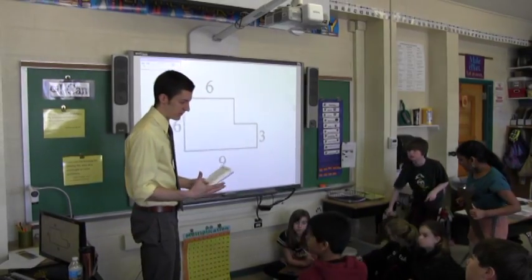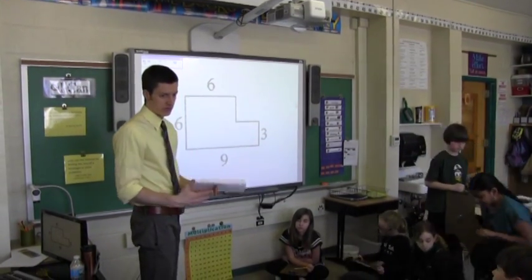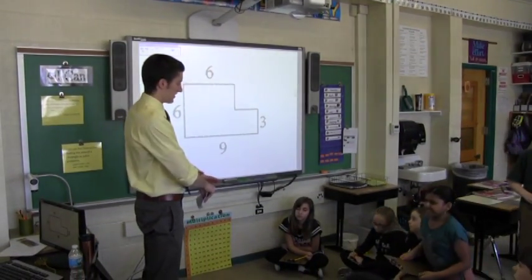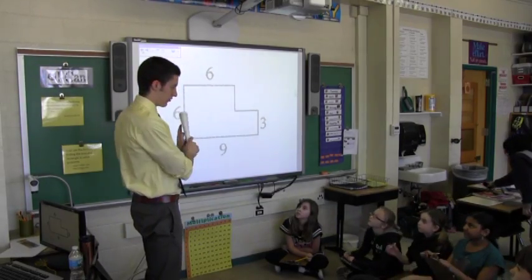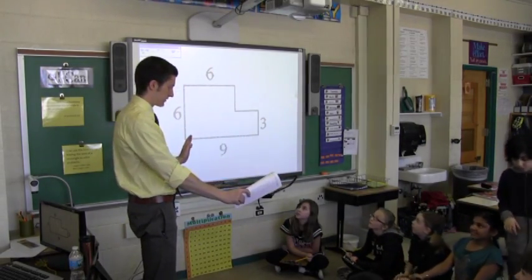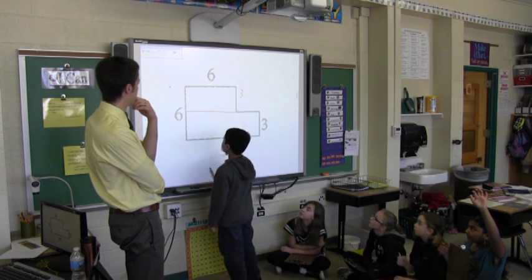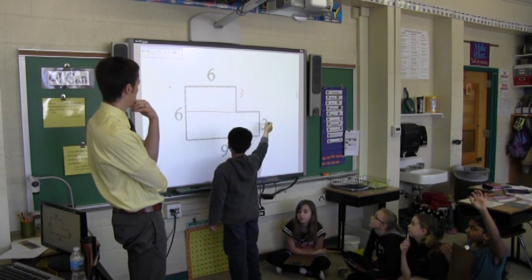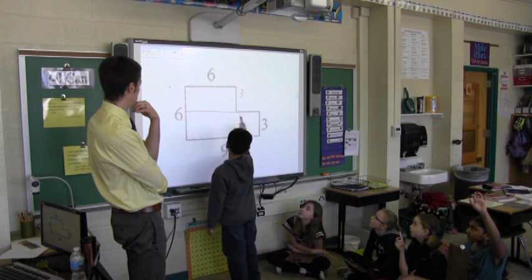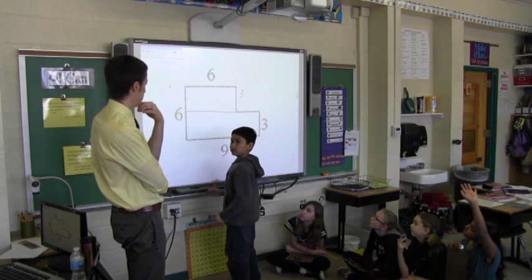Up to this point, we've looked at finding area for squares and rectangles. We're going to look at these really fancy things called rectilinear shapes. How'd you know that? Okay. That works for me.